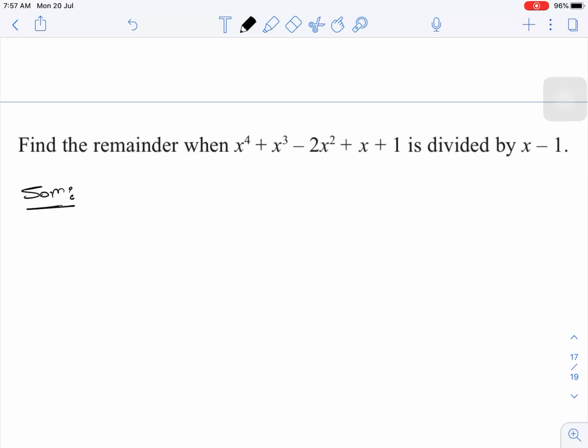Remember that this polynomial is divided by this polynomial, so this will be our dividend and this will be our divisor. Is that clear? Now what we have to do, whichever is the divisor, first we have to find 0 of this divisor.